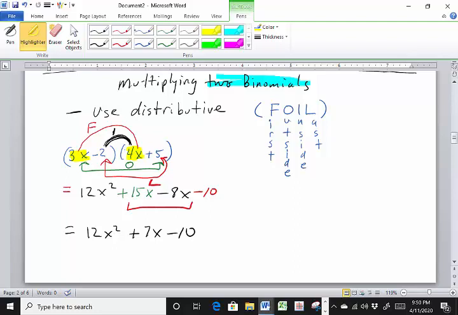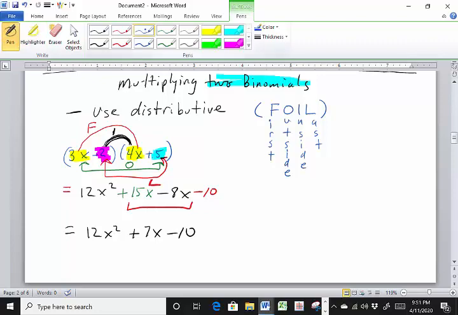Then I take the 3x times the 5. Okay? So I'm done with that. I've taken the first term and multiplied it by both terms in that second polynomial, right? And then I take the second term right here and multiply it by the 4x and then the 5.